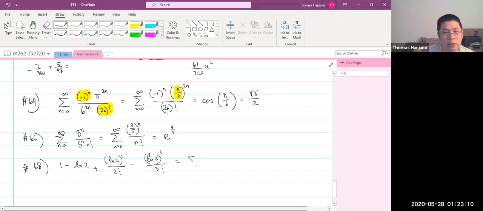What is the power series? This is n equals 0 to infinity of negative 1 to the n ln2 to the n over n factorial.